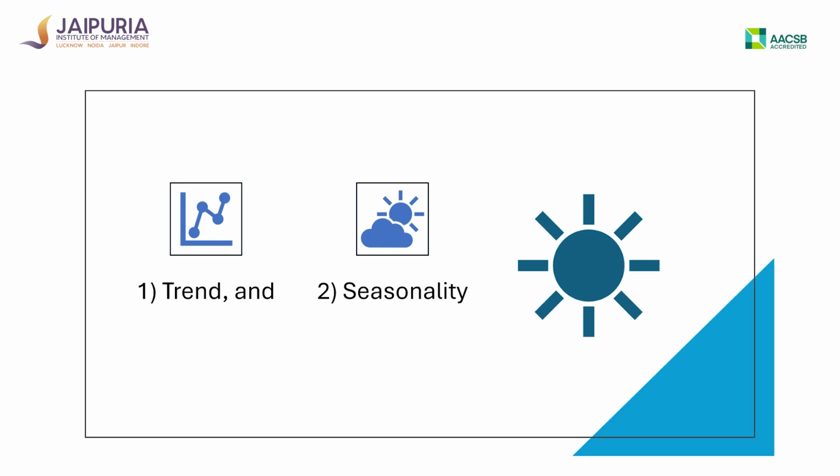So now the next topic of our discussion is trend and seasonality. We have talked about moving averages, weighted moving averages, and exponential smoothing. This session is about trend and seasonality.